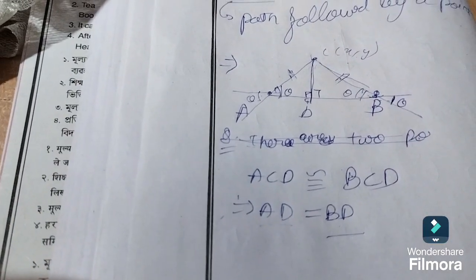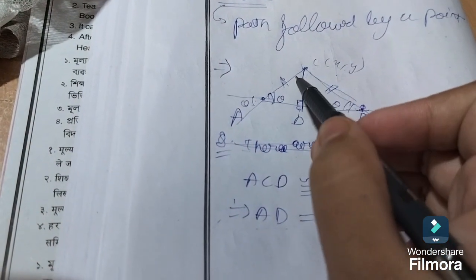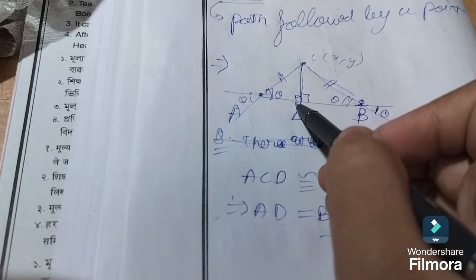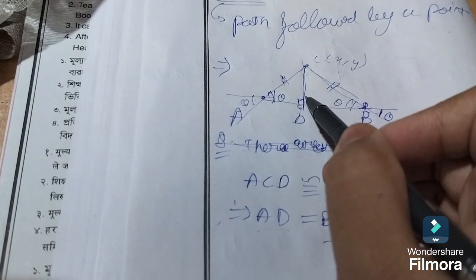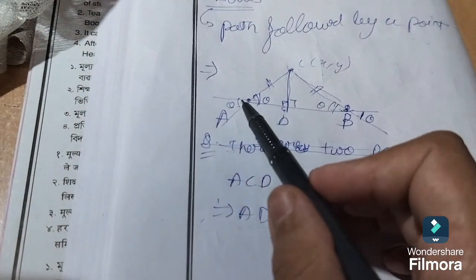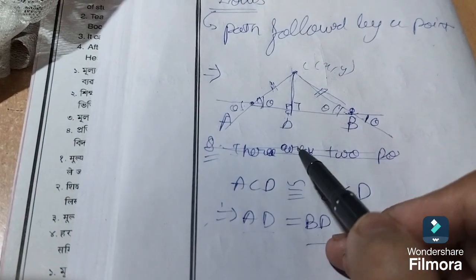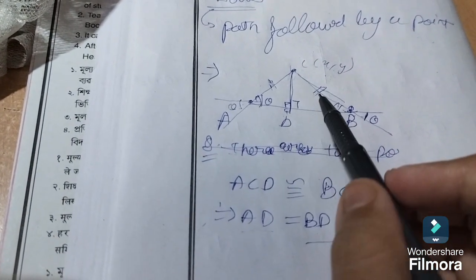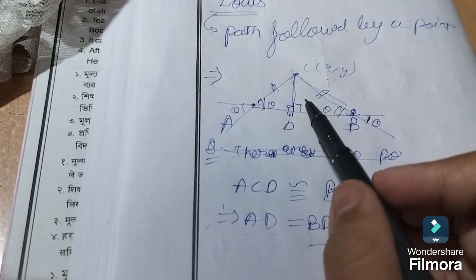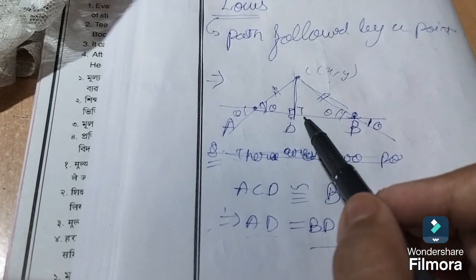And do you understand that the perpendicular can be only one to the base? Basically from this point to this point there can be only one perpendicular. And only with this property AD is equal to BD can be operated.